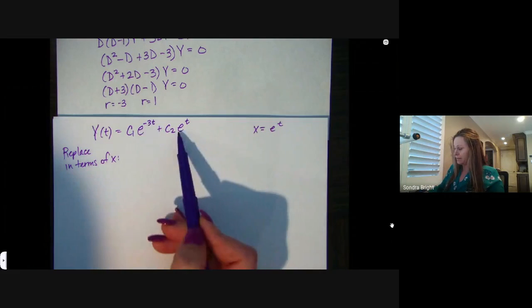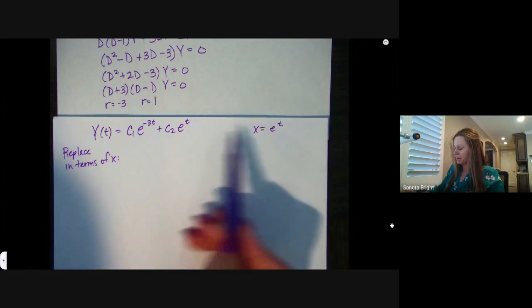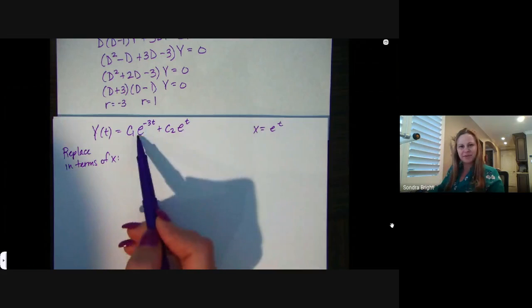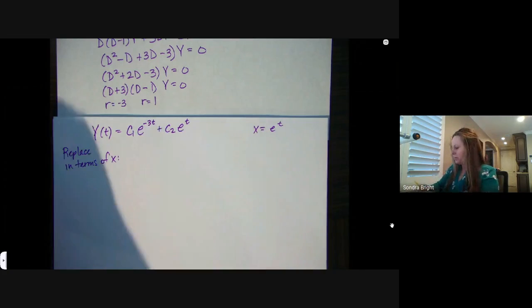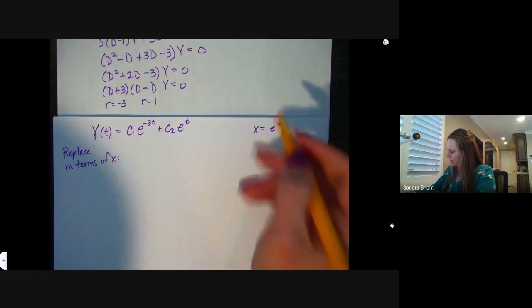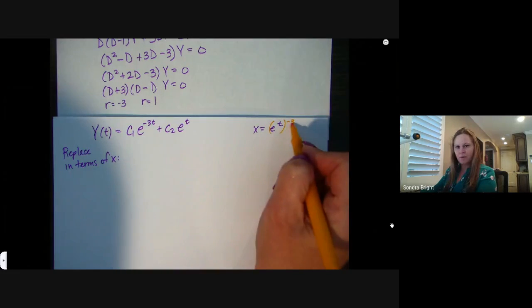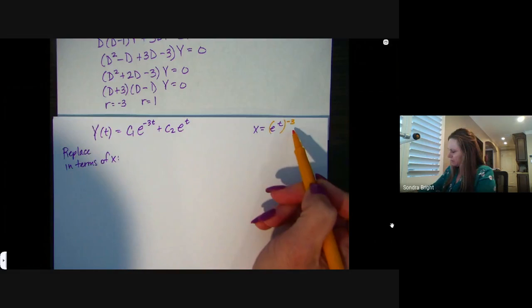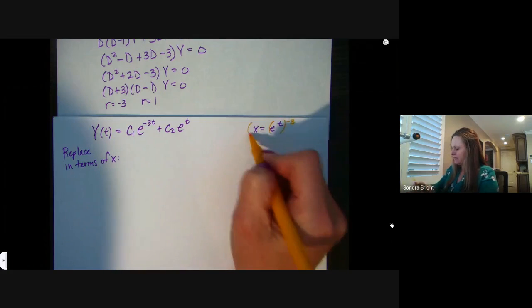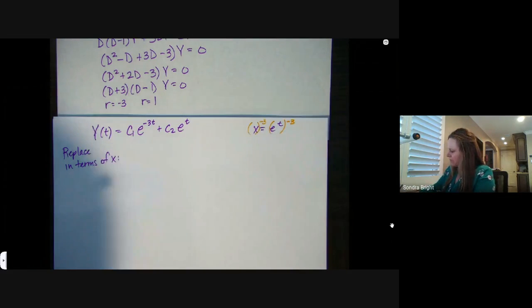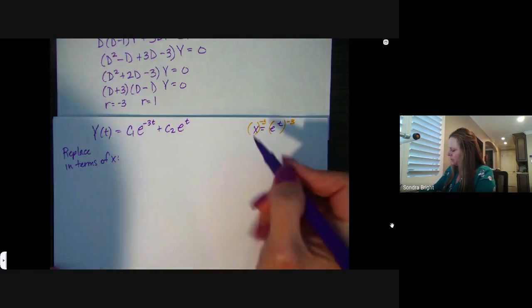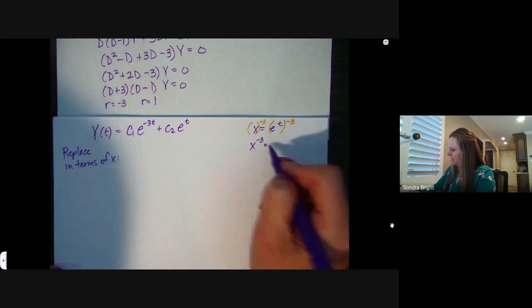I can replace that back with x. But what about e to the negative 3t? Well, hopefully you remember laws of exponents, that if I take that to the negative third power, I can do that as long as I do both sides to the negative third power. That would give me an x to the negative third would equal e to the negative 3t.